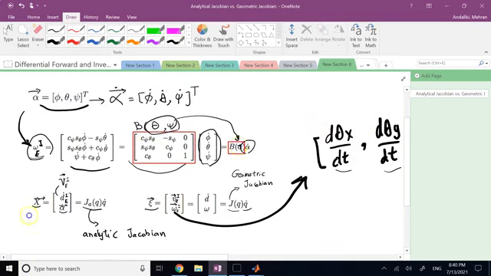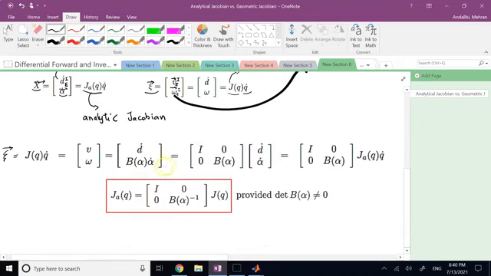Omega is B of alpha times alpha dot. And then I rewrite this again into a matrix format like that. Why? Because I want to pull this out. And remember, this one was what? This is that capital X dot. So I'm trying to relate zeta to x dot.